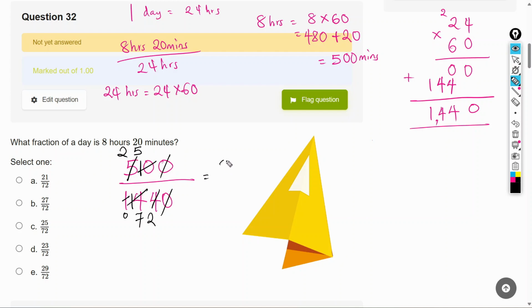That's 25 over 72. 2 cannot go, 3 cannot go, 5 cannot go into both of them. So we leave our answer as 25 over 72.